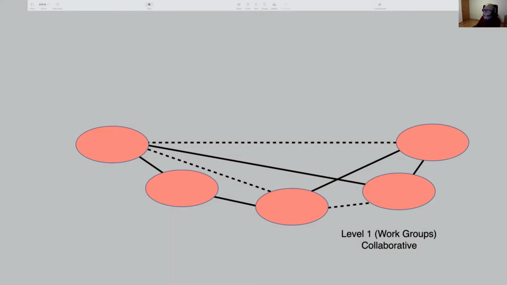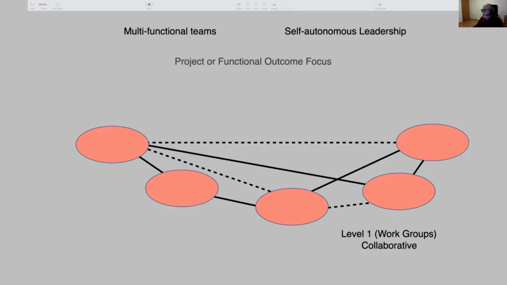Level 1 is an appropriate combination of collaborative work groups or teams. These work groups can, where possible, take on a full multifunctional team approach with their own form of leadership. Depending on the nature of the organization, the work groups will have a project or functional outcome focus.